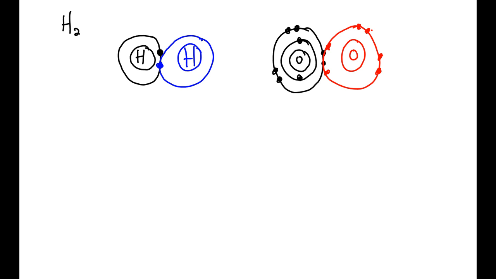So it's going to do it so that those electrons are going to be between both. So each one is going to have 2 electrons in the middle between both nuclei. So what happens here is each is gaining 2 electrons by sharing. So hydrogen forms a single bond. Oxygen will have a double bond.